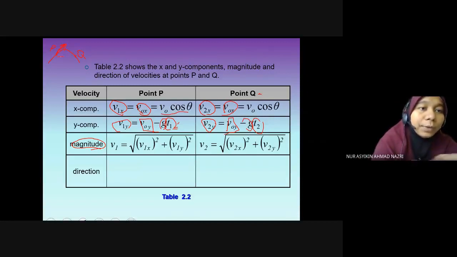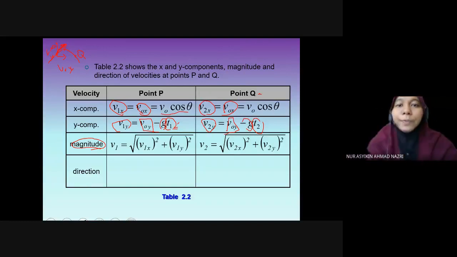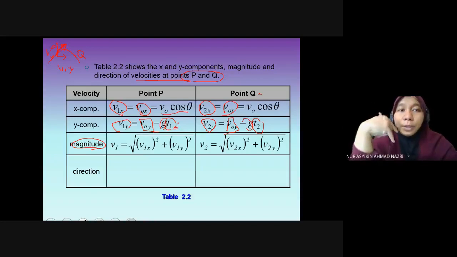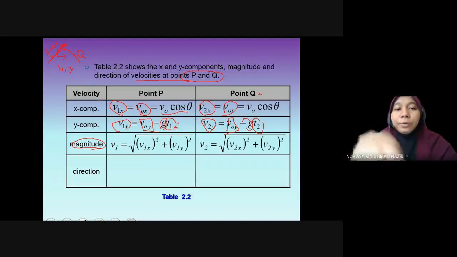Okay, so this is a vector, right? Okay, so now you have component Vx, which you found earlier. And then you find your Vy. But the question is about the velocities at point P and Q. So velocity has magnitude and direction. You need to always remember that. Magnitude and direction. So you need to use your V naught X and your V1X and your V1Y to find the magnitude using this equation.